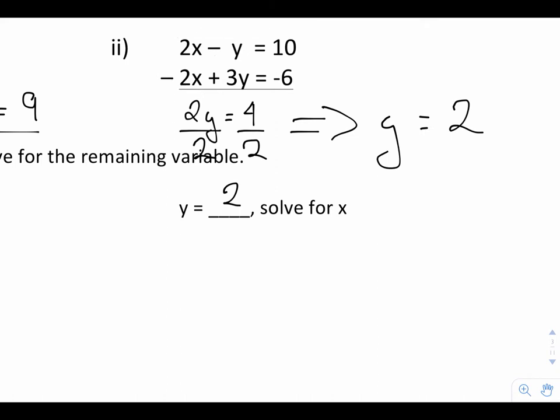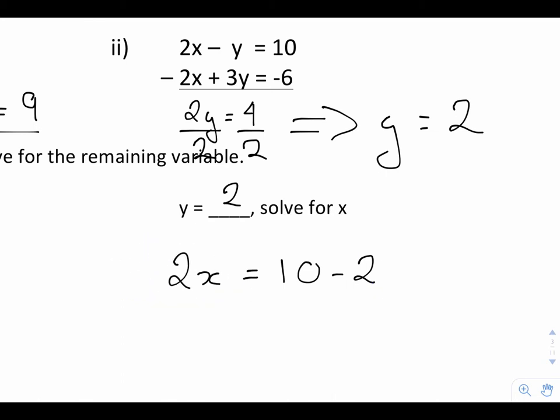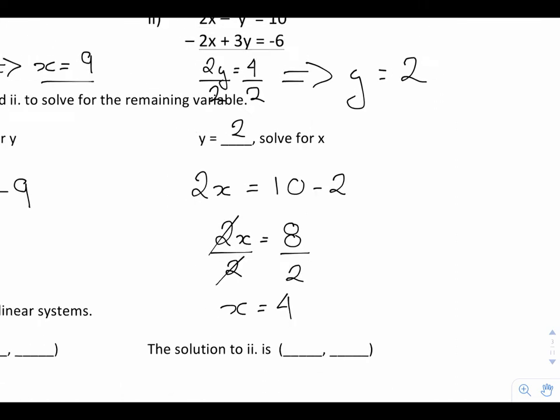So I'm going to replace the y with 2, giving 2x minus 2 equals 10, and then solve for x. So this negative 2 comes over to the other side. Tidy this up, and I get 10 plus 2 to equal 12. Divide both sides by 2. Cancel, cancel, and I'm left with x equals 6.